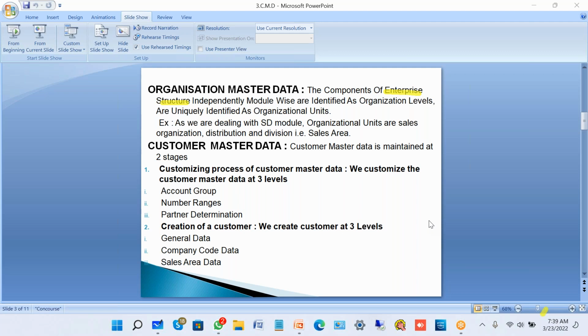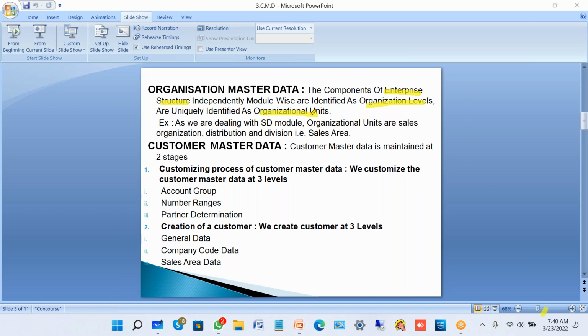Please understand this point. Why are we focusing on these three words? That should be a doubt. Organization levels, organization units, and enterprise structure.